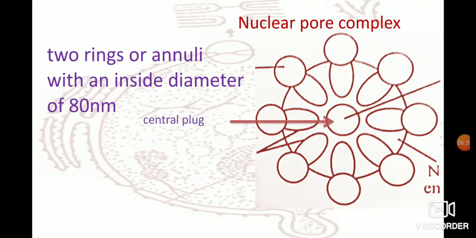A large particle present in the nuclear pore forms the central plug. Eight radial subunits or spokes extend from the inner and outer membrane where they join. Actually, they form a ring of subunits which are 15 to 20 nanometers in diameter.